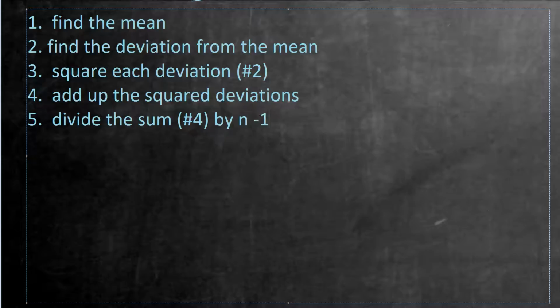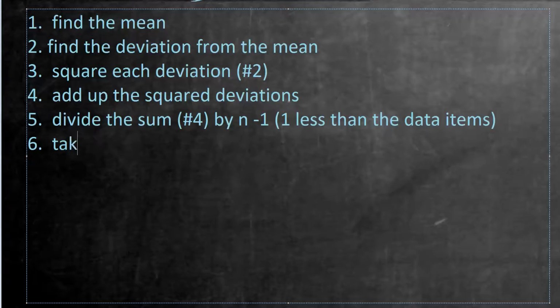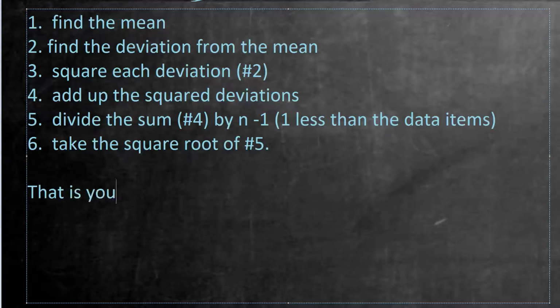So 1 less than the data items is what I would write down. And then finally 6, take the square root of number 5. That is your standard deviation.